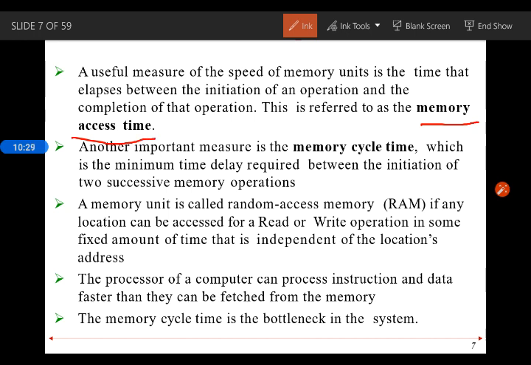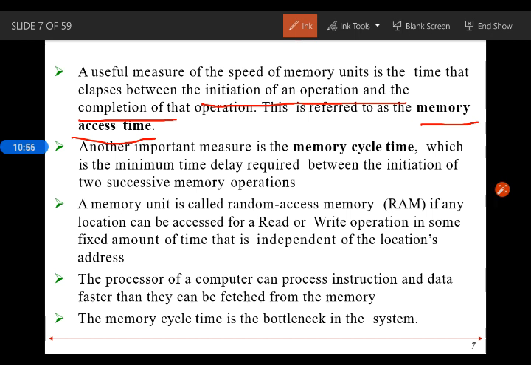A useful measure of the speed of a memory unit is the time that elapses between the initiation of an operation and the completion of that operation. That is called memory access time.